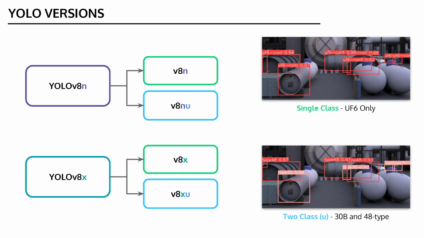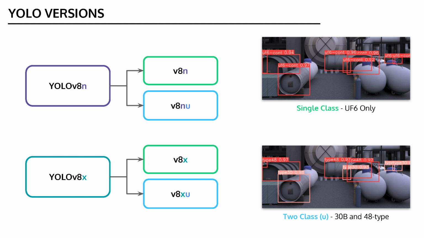For each of the pre-trained weights that we are fine-tuning in our training process, we have 2 models on the outcome. In the first case, there is a single class where we combine all the uranium hexafluoride containers into one class.